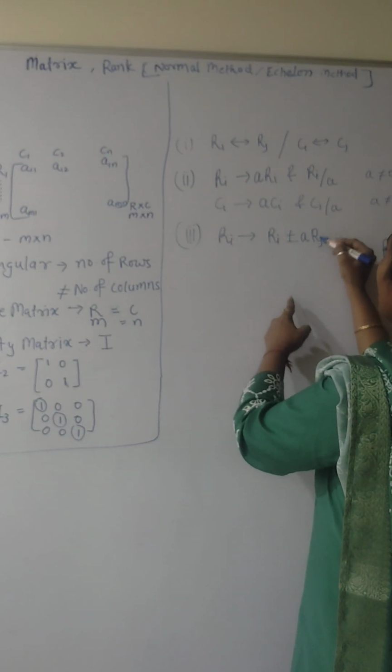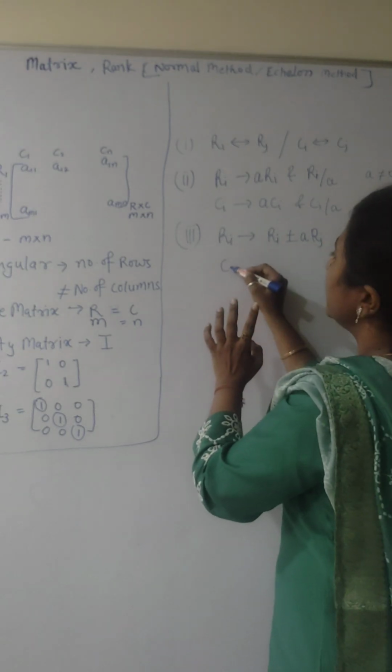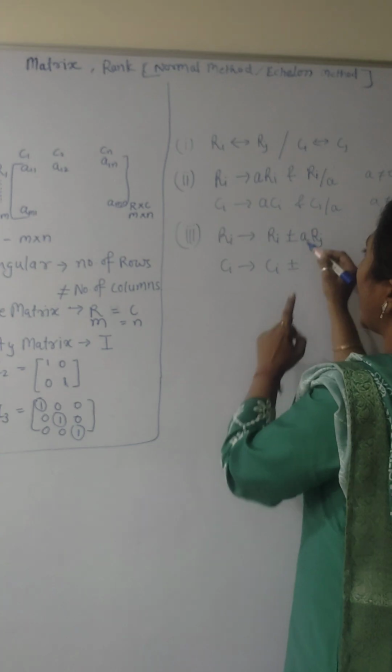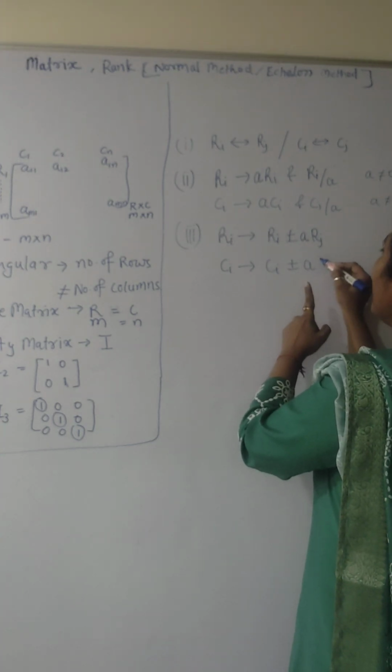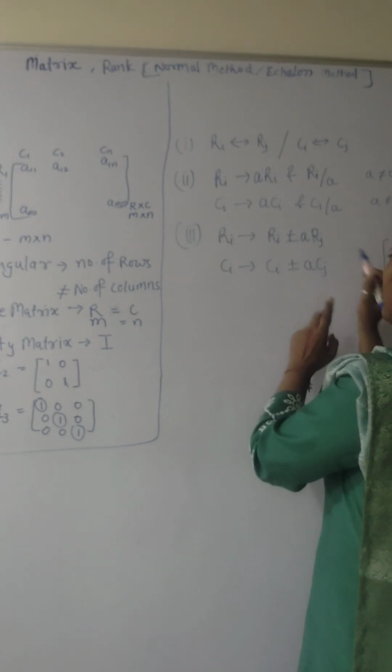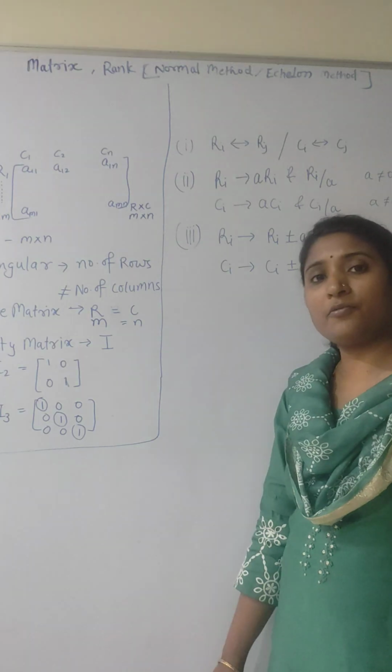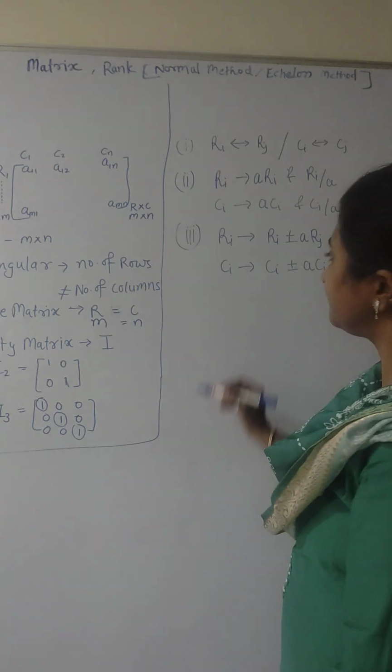Similarly, any column can be added to or subtracted from another column after multiplying it by any number. These are the basic rules for finding rank.